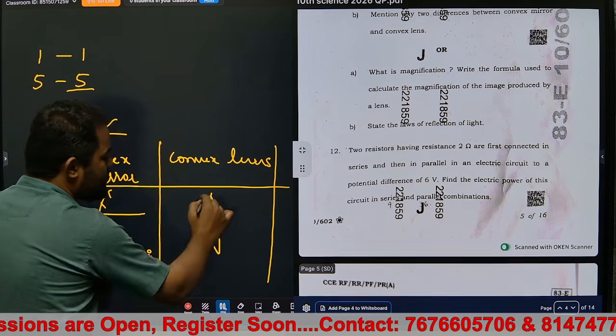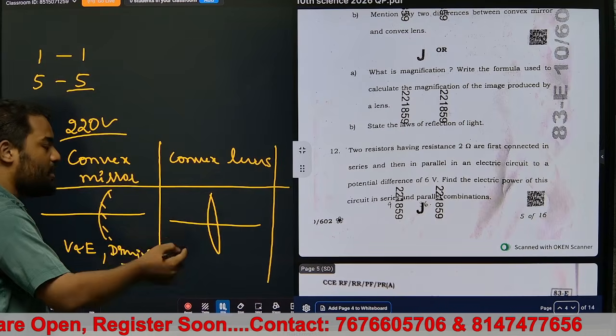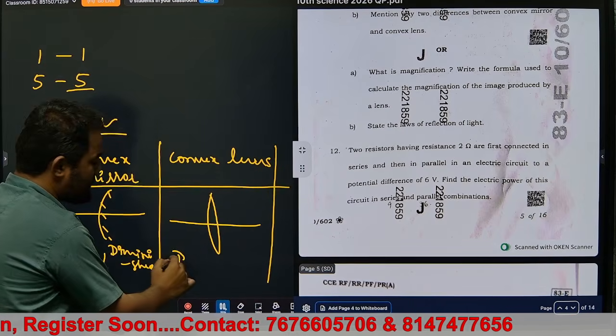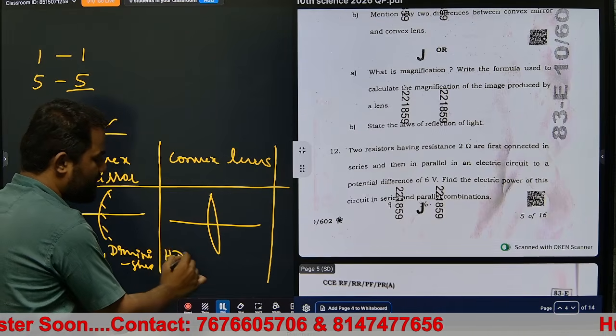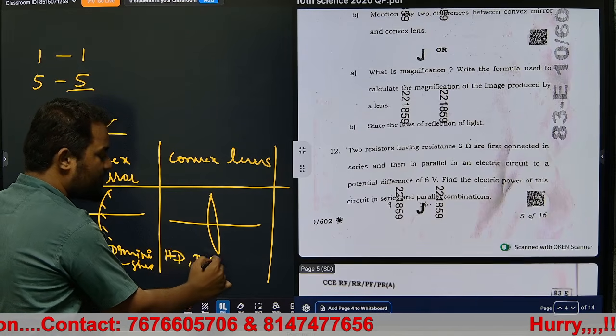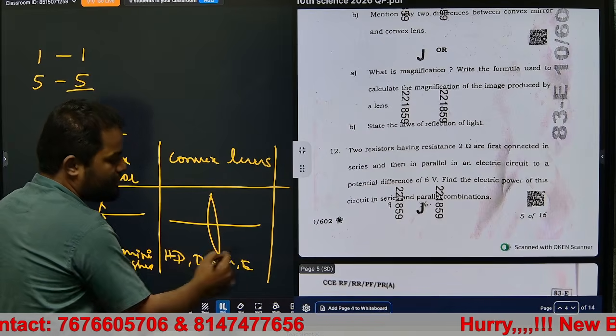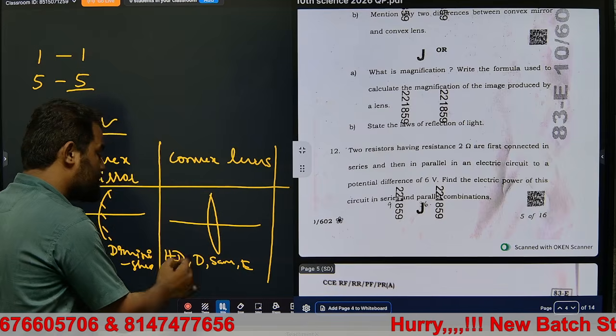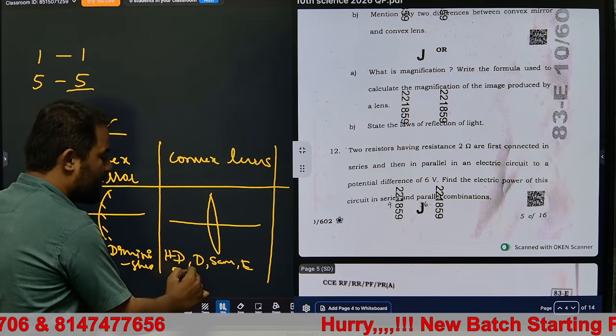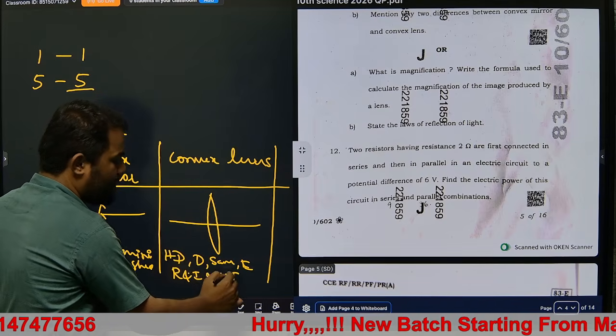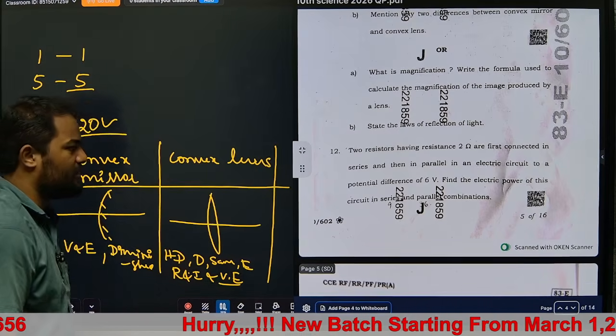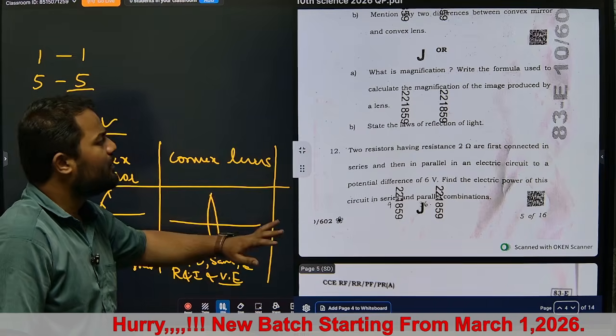The convex lens gives diminished images, highly diminished images, same size images, and enlarged images also you can get. Here the images are real and inverted, and also virtual and direct. In only one case, a virtual direct image will be obtained. These are the main important differences.